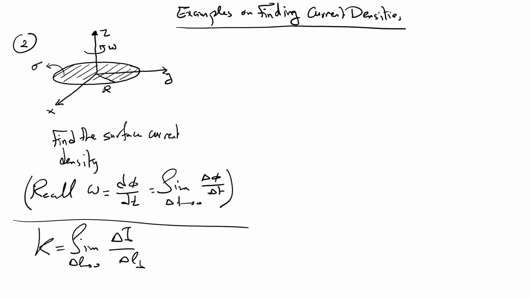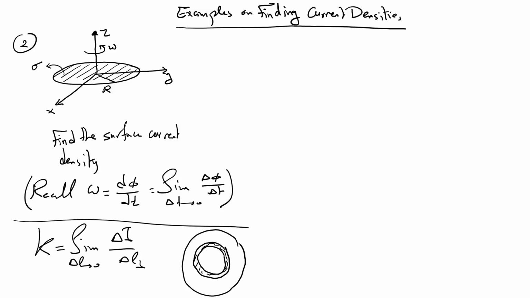So let's have a top view of this disk. This disk is charged and the disk is rotating. So we expect that the direction of the current will be like circles, right? So it's natural to divide the surface into rings like so.